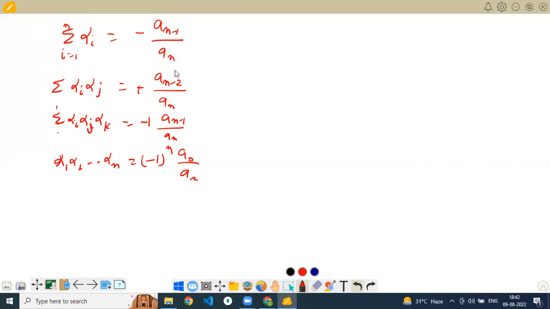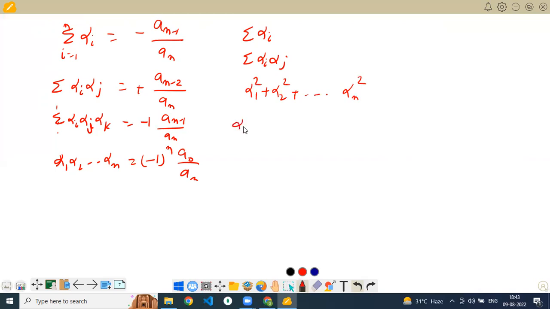So suppose you know summation of alpha i and you know summation of alpha i alpha j, then if I ask you what is alpha 1 square plus alpha 2 square plus up to alpha n square, I'll give you one proof, the rest you can do yourself.